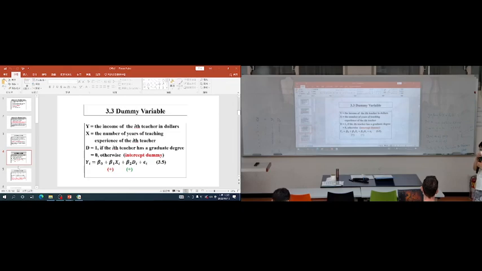So if you want to provide graphical or qualitative information into the equation, you can incorporate the dummy variable into the equations. Then this will explain the situation of the qualitative variables.